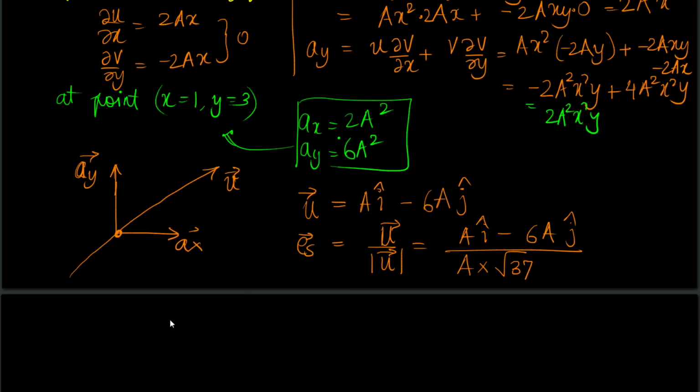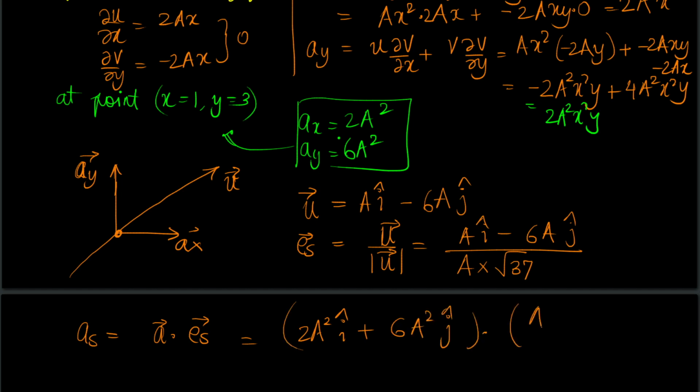So the component of acceleration in the s direction will be the a vector dot the es vector, which is 2a square i plus 6a square j dot ai minus 6aj over a root 37.